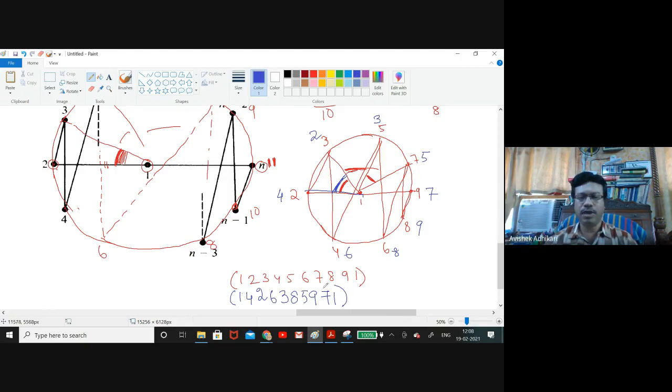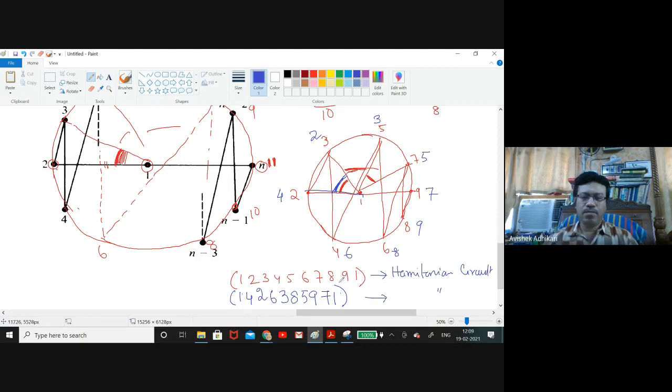So it starts with 1, ends with 1, and includes all the vertices exactly once. So this is also a Hamiltonian circuit.